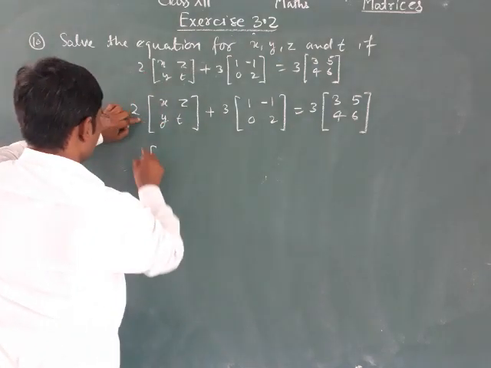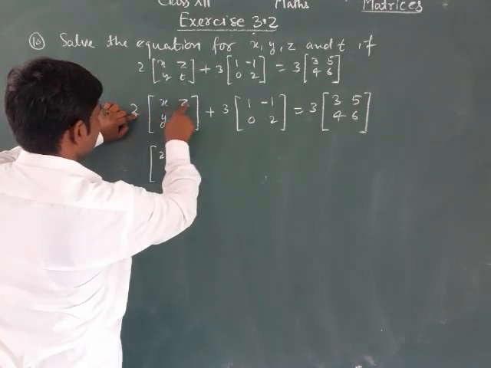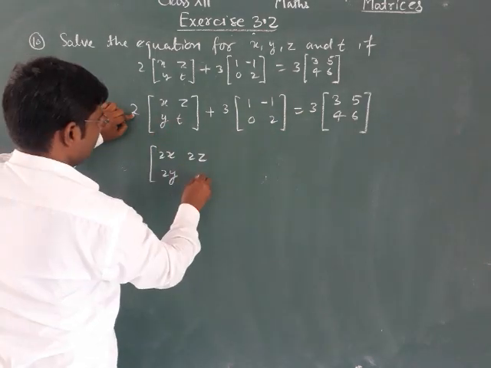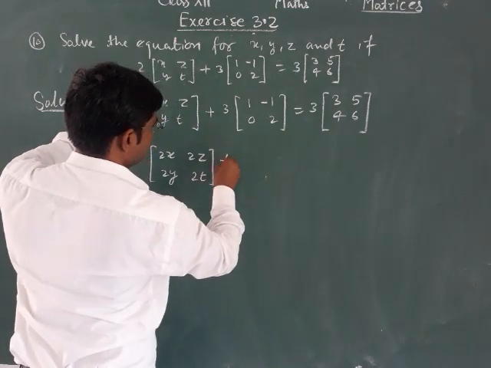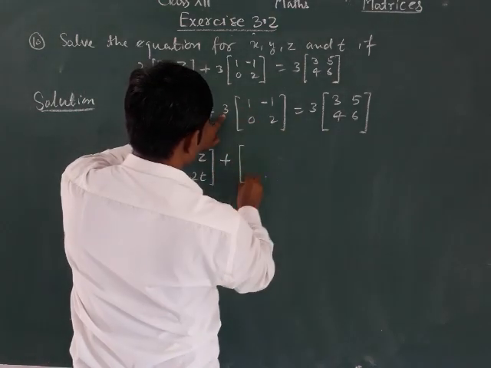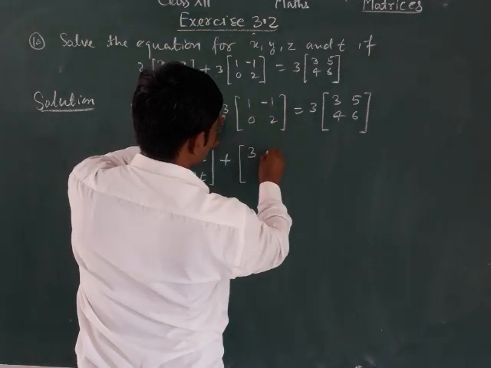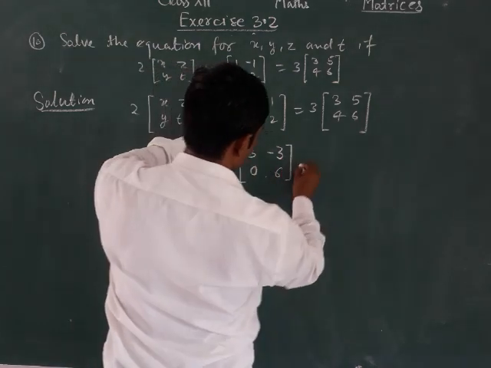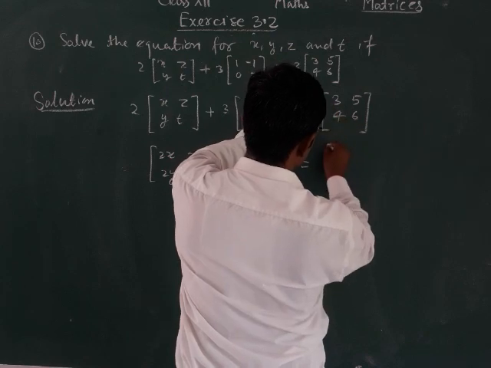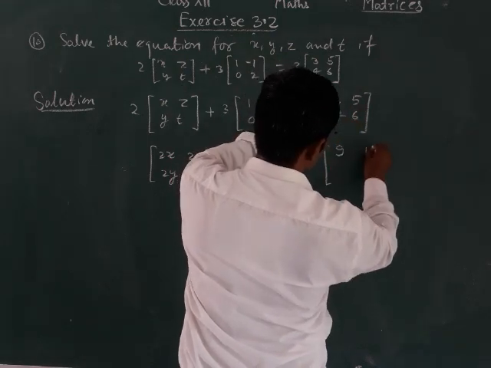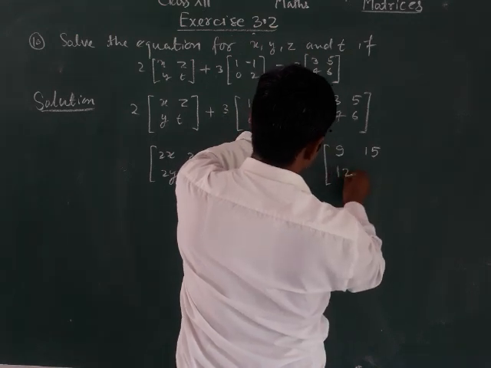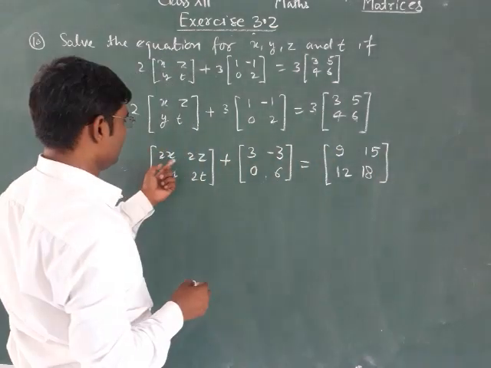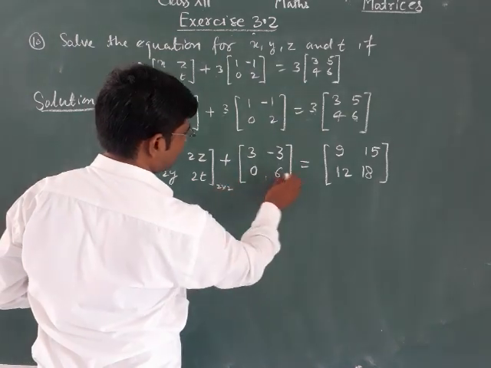So the matrix 2 into x is 2x, 2 into z is 2z, 2 into y is 2y, 2 into t is 2t, and plus 3 into 1 is 3, 3 into minus 1 is minus 3, 3 into 0 is 0, 3 into 2 is 6. Also 3 into 3 is 9, 3 into 5 is 15, 3 into 4 is 12, 3 into 6 is 18. The order of the matrices is 2 by 2.